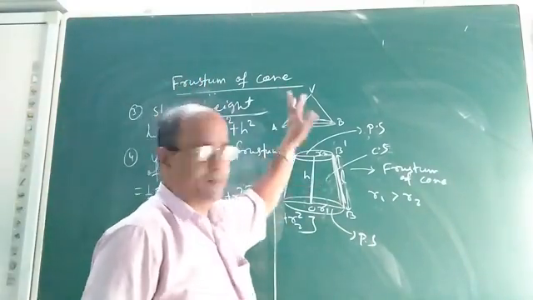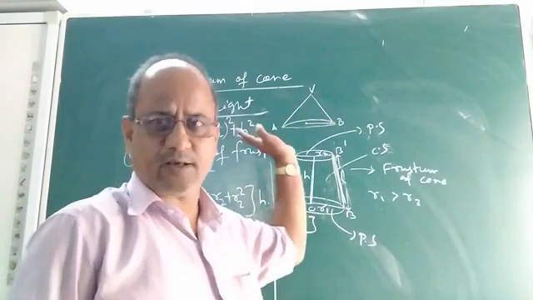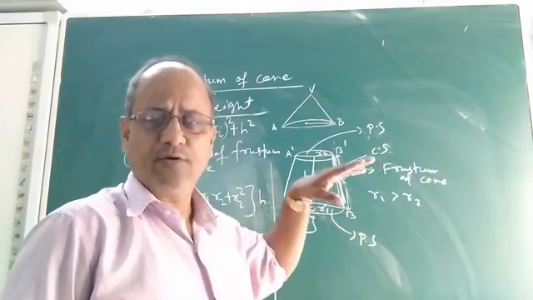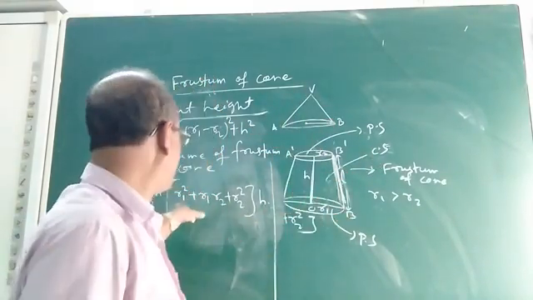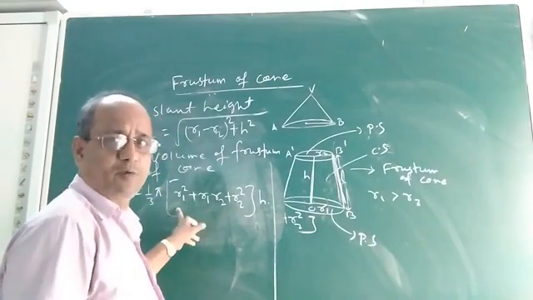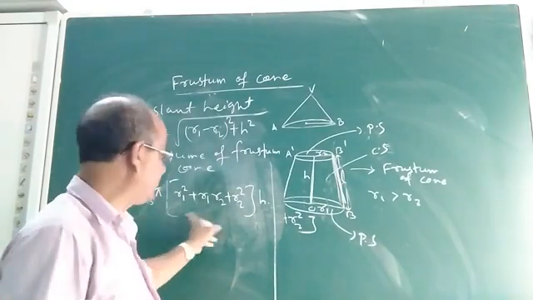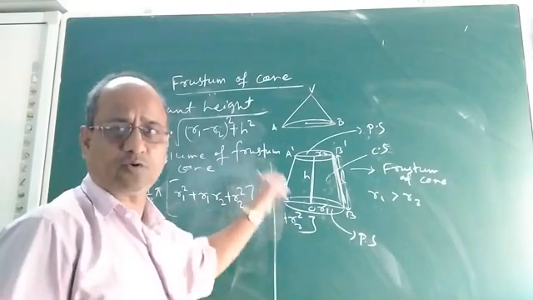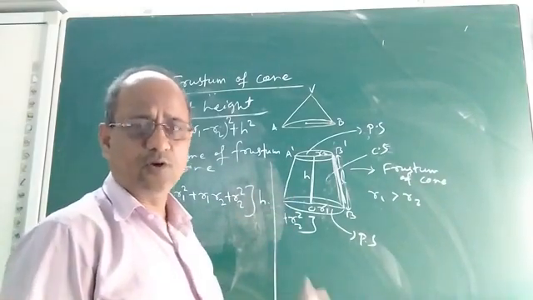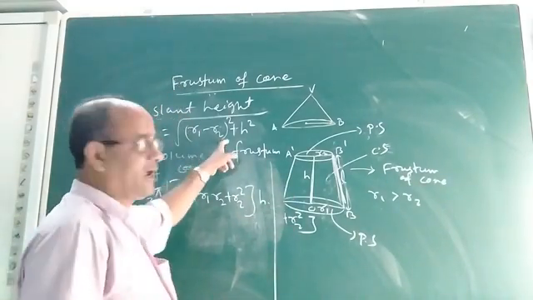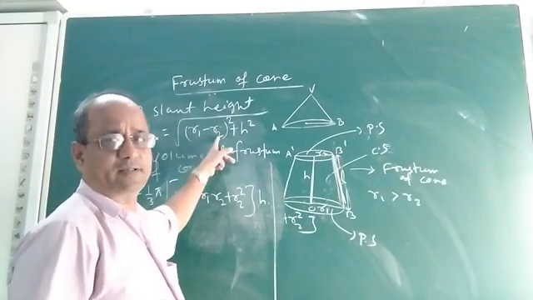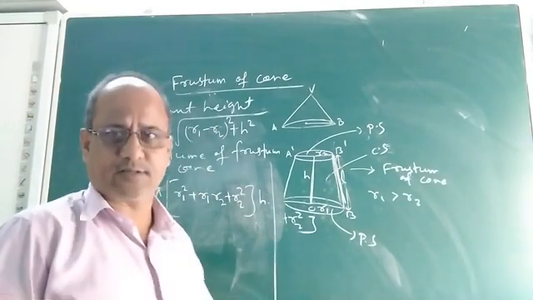How to prove that the volume of frustum of cone is 1 by 3 pi into r1 square plus r1 r2 plus r2 square into h, and the slant height of a frustum of cone is given by this expression, we shall discuss in the next class.